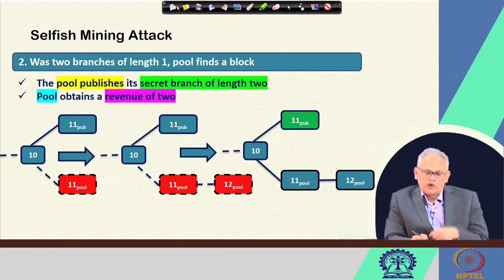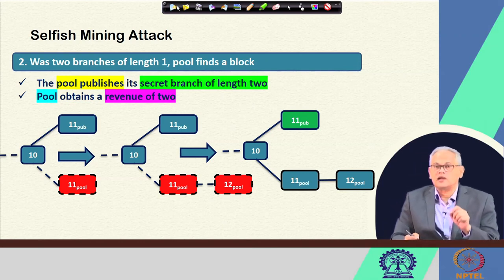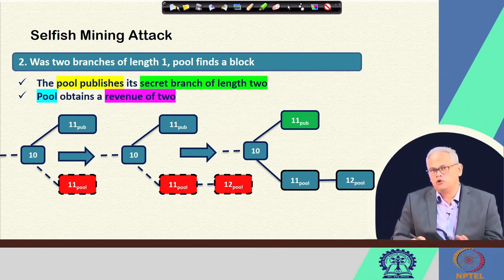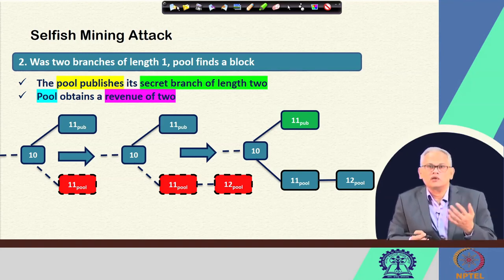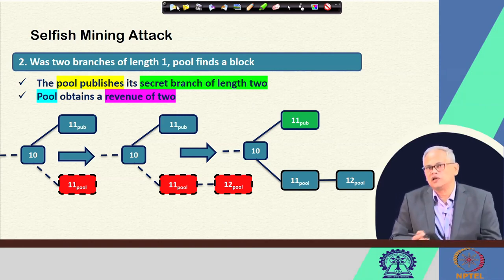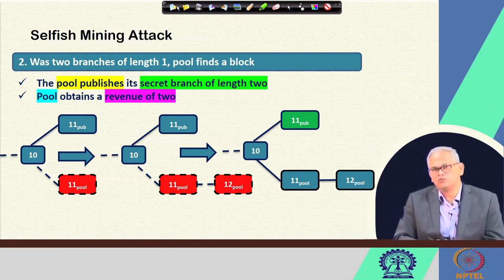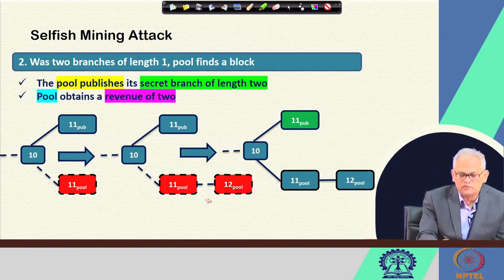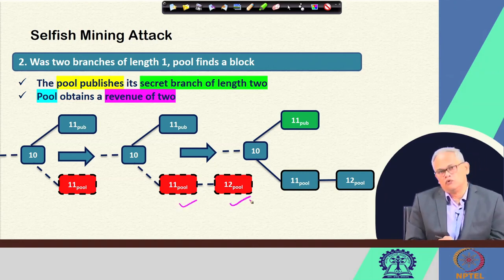You might wonder why the attacker now published both 11 pool and 12 pool, because, as I said, the attacker does not have a lot of the computing power. So, the attacker might think that if the general public now adds 1 more after 11 pub, and eventually it becomes longer, whatever I have mined, this 11 pool and 12 pool, will go to waste.